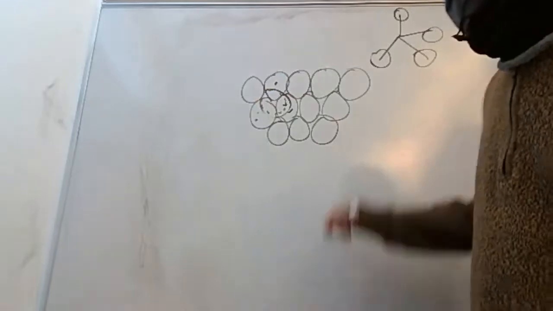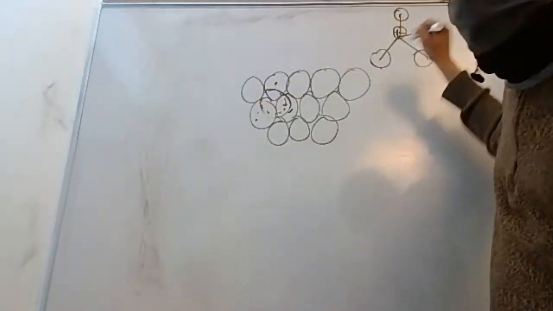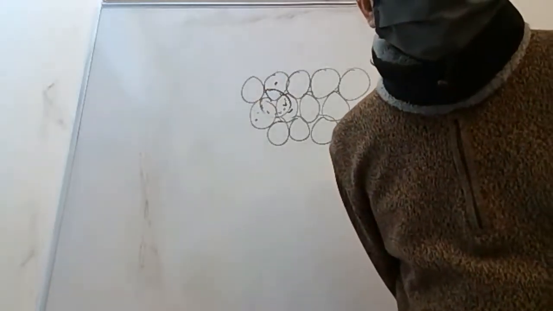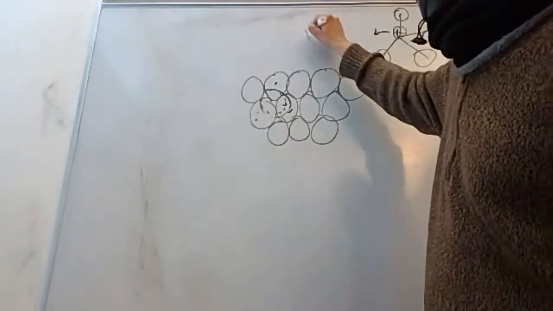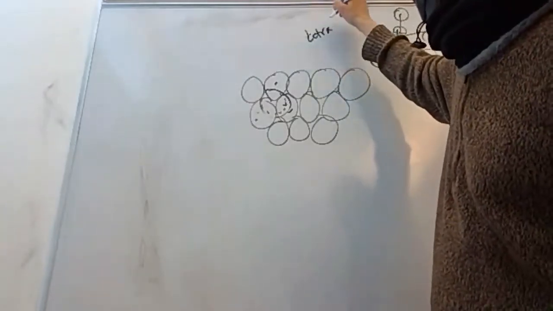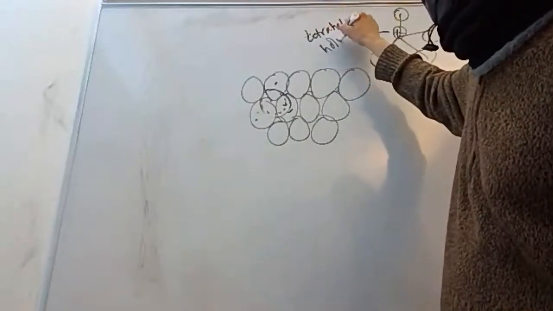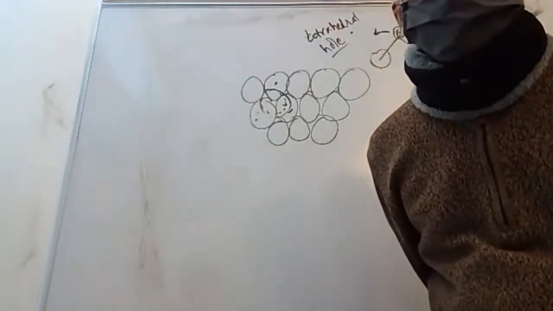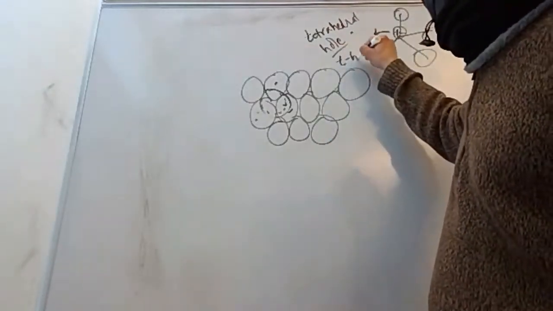Again, there is a small space in between the top atom and the bottom 3 atoms. That small space is what we call a tetrahedral hole. Sometimes we also call it the T-hole.